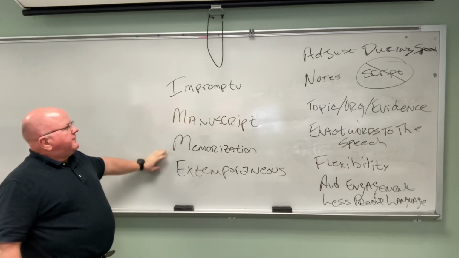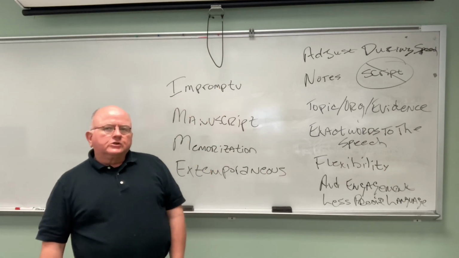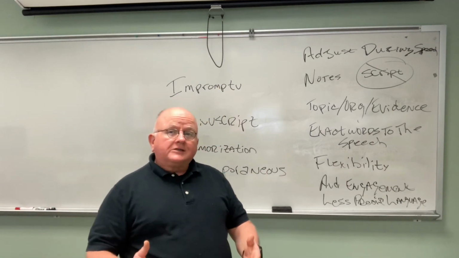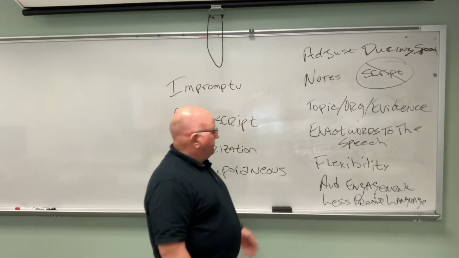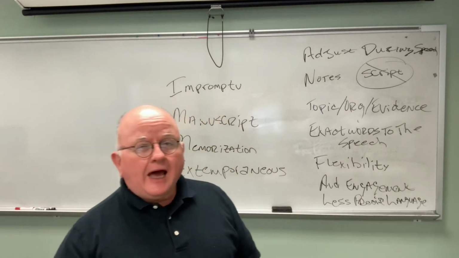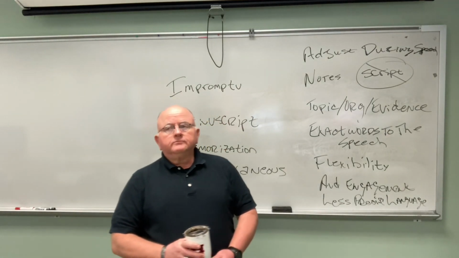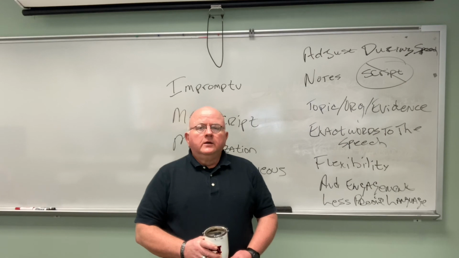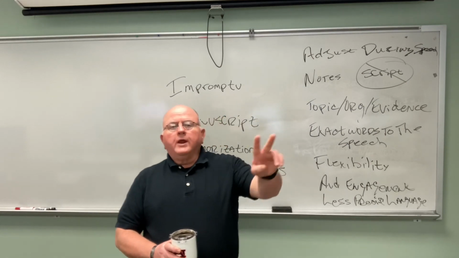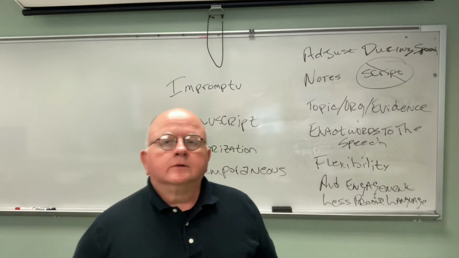Extemporaneous speaking gives you the best of all of those. It does allow you to adjust your speech during the speech itself based on audience feedback. But it allows for less precise language, and it does take a lot of practice, and you really have to know your topic. Okay?